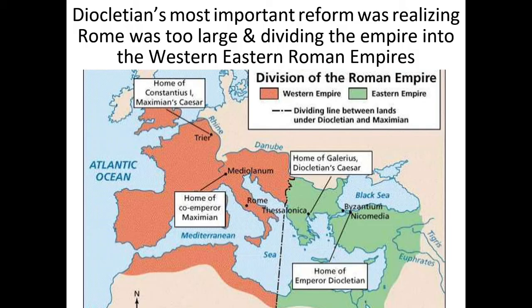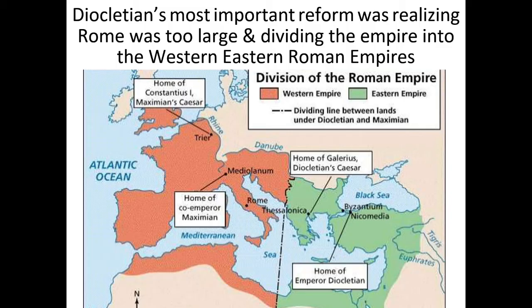Diocletian's most important reform was realizing that Rome was too large and dividing the empire into Western and Eastern Roman empires. And he further divided that into 4 areas. For example, the West was the home of co-emperor Maximian, and the West was also the home of Constantius I, Maximian's Caesar. The East was the home of Diocletian, and it was also the home of Galerius, Diocletian's Caesar.